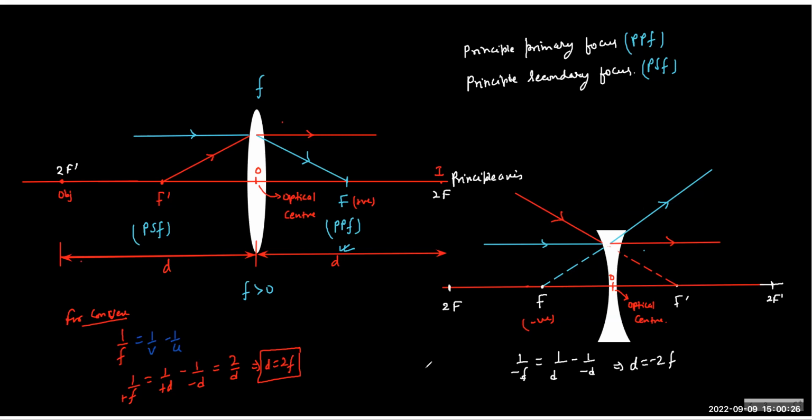So let's do one by one. Image formation due to convex lens first.